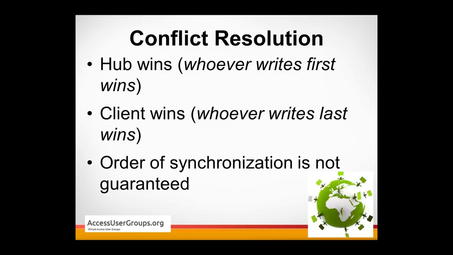But if it's the same row and the same column, and both people had made a change, that is when the conflict arises. That's the only time there will be a problem. If changes are made in two different rows and two different columns, that will be perfectly accepted and made right into the program. But remember, it is set on who wins the hub.